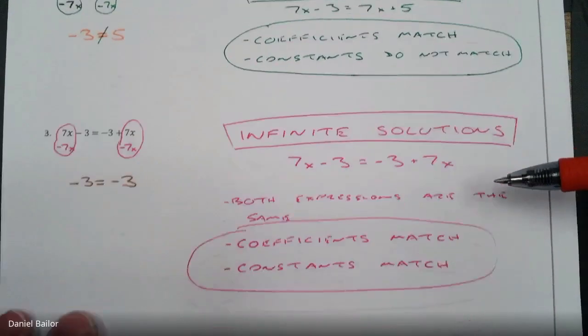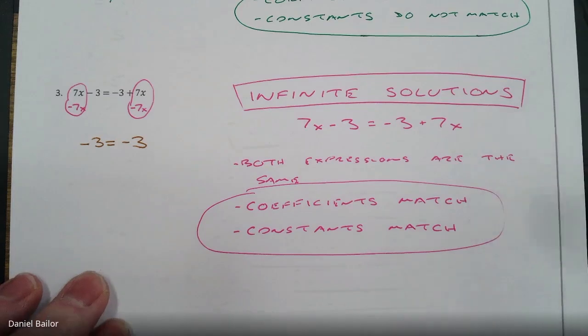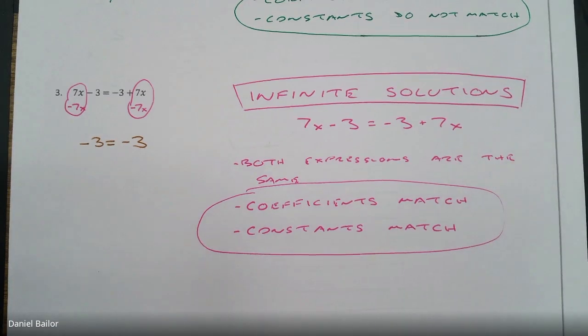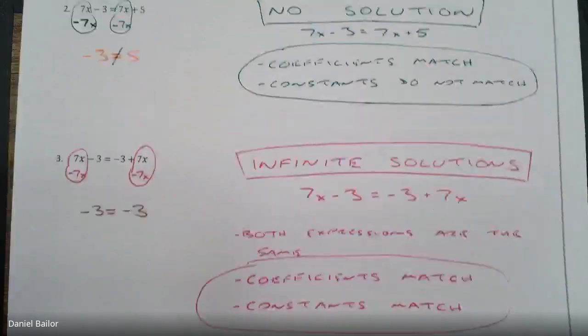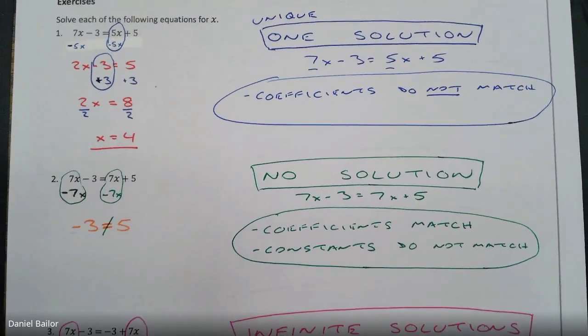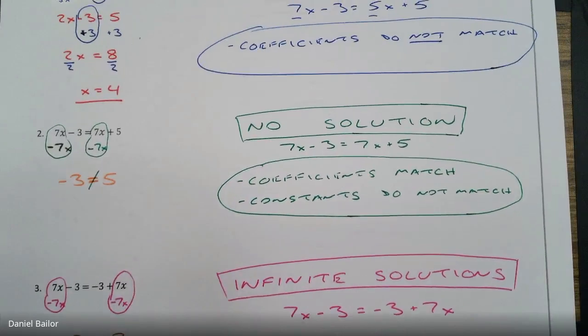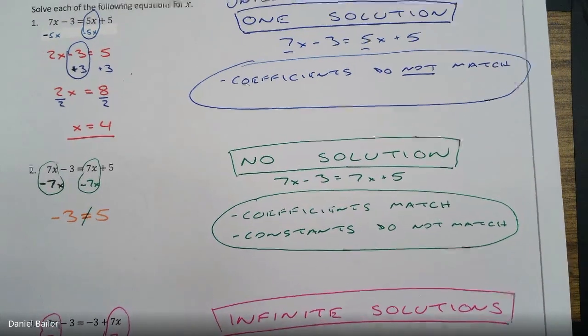But if everything matches, the coefficients and the constants match, there are infinite solutions. This is the page. Page 61 is the page you should have next to you because it has the rules for one unique solution, no solution, and infinite solution. This is your clue page. Make sure you have it with you during today's work.